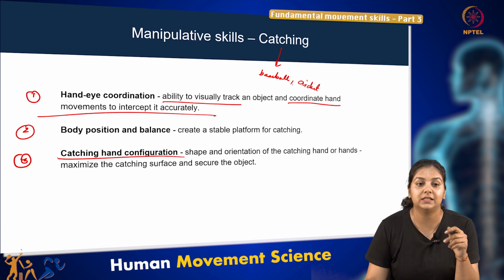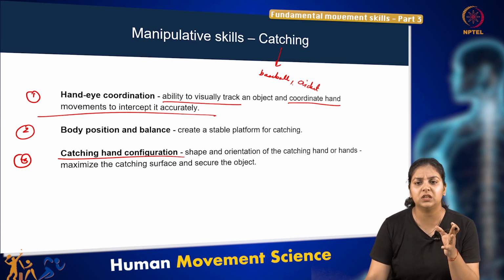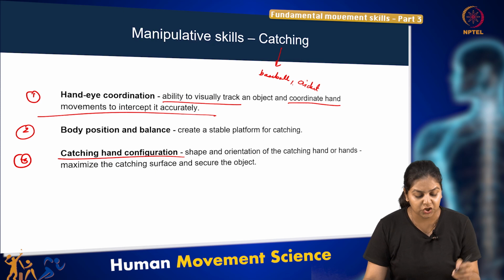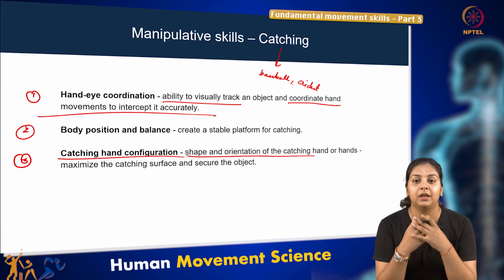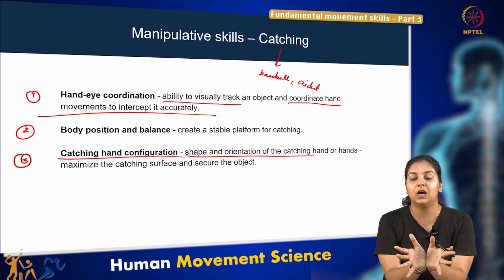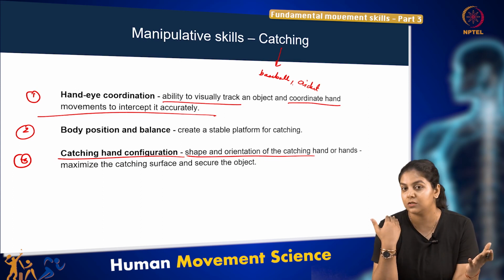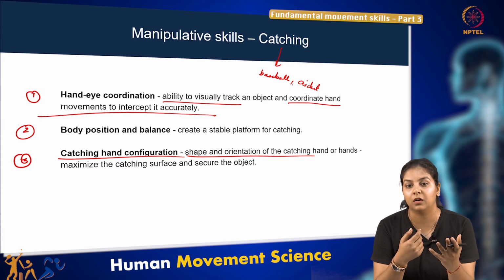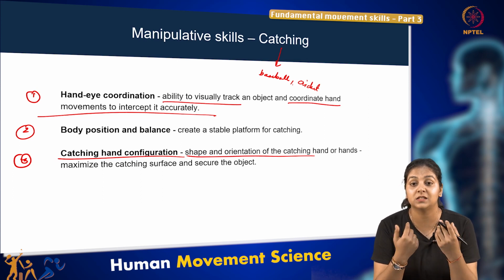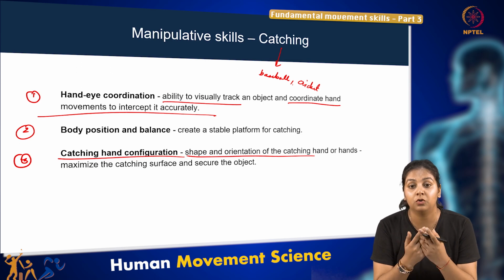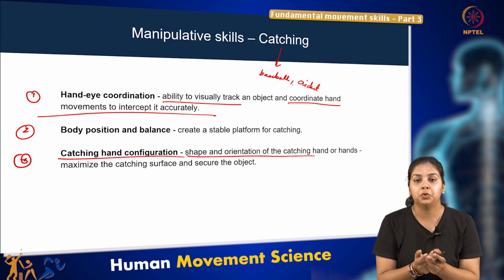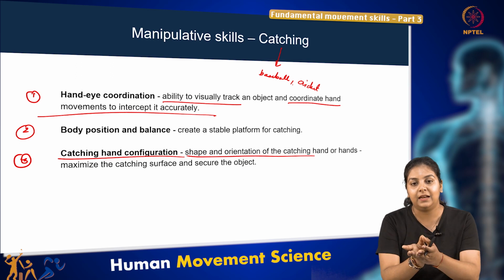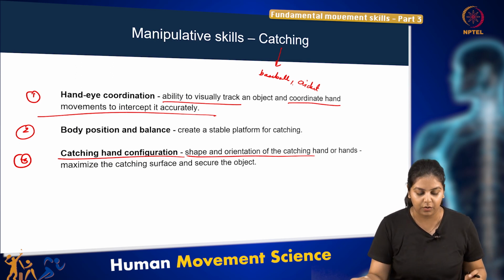Another important thing is the catching hand configuration. So you would see in a lot of the scenarios the shape and orientation is quite important, right? So if, for example, I am catching the ball and I open my palms out, it might have a tendency to just hit harder, which might cause pain. Whereas if you're looking at absorption, or at anticipating or intercepting that trajectory, you would create a shape which holds the object in and intercepts it by dragging it out, right?